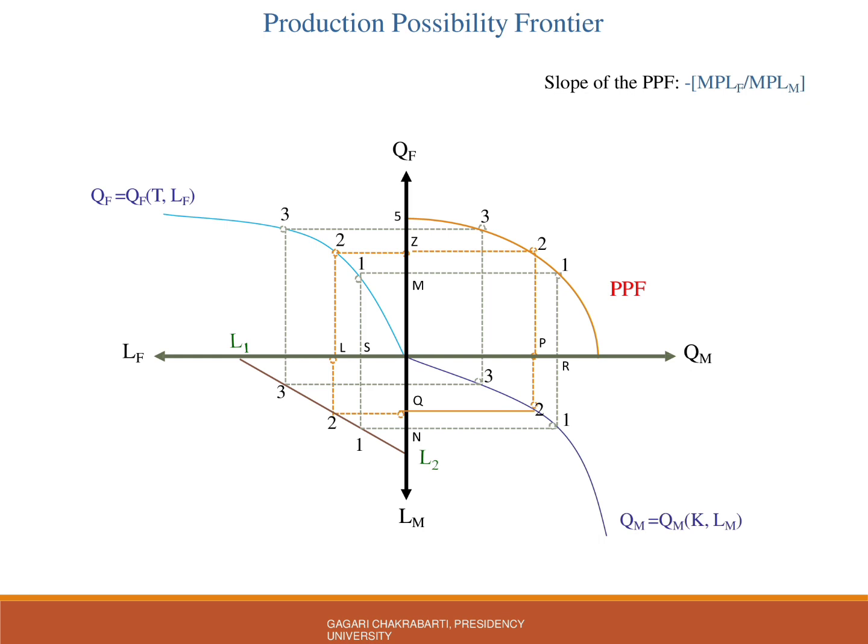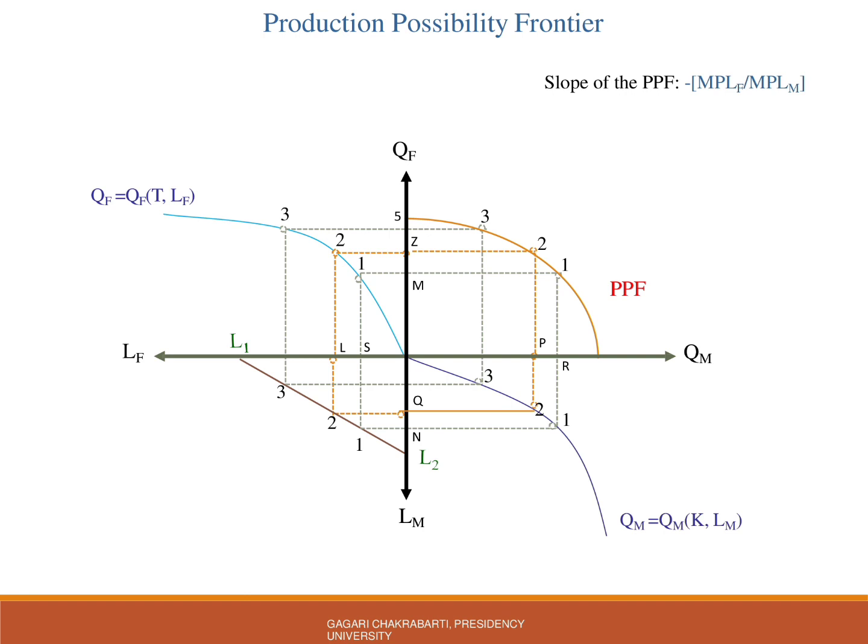Now we come to the upper left quadrant, where we shall be measuring LF along the horizontal axis. So therefore, in this quadrant, we shall be plotting the production function or the total product curve of the food producing sector.